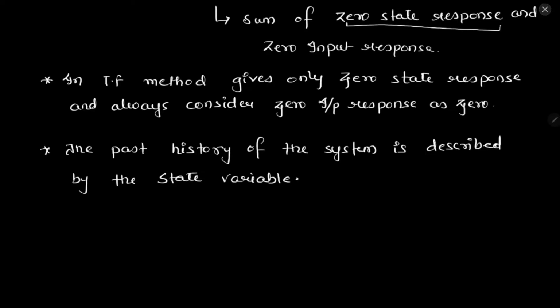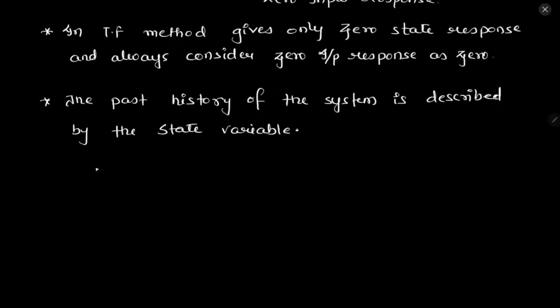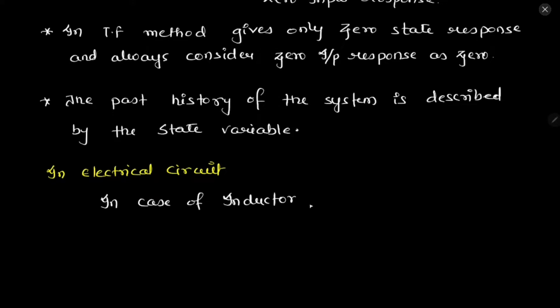Okay, and in an electrical circuit, in case of an inductor, the past history is the current through the inductor.